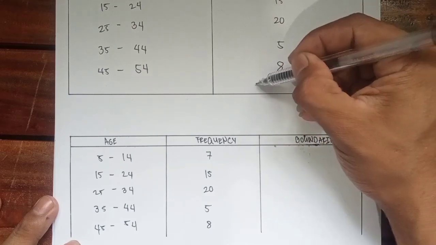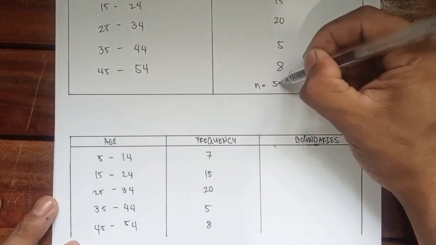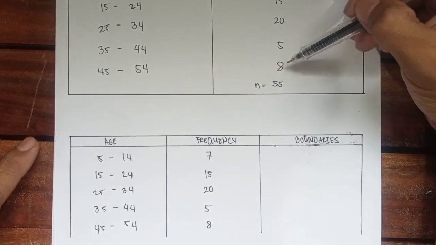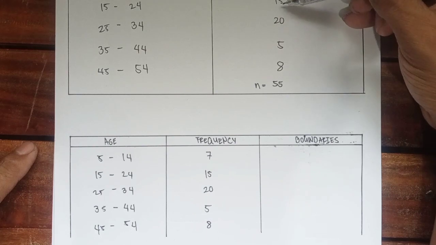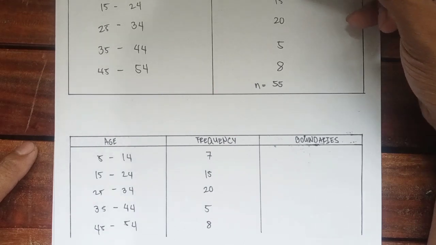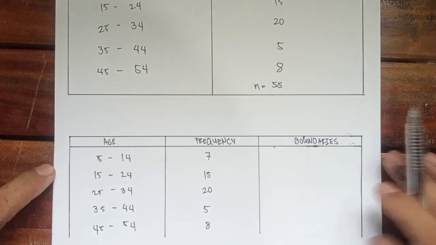Ang total po nila is n is equal to 55. So 7, 22, 42, 47, and 55. 55 pala, sorry.